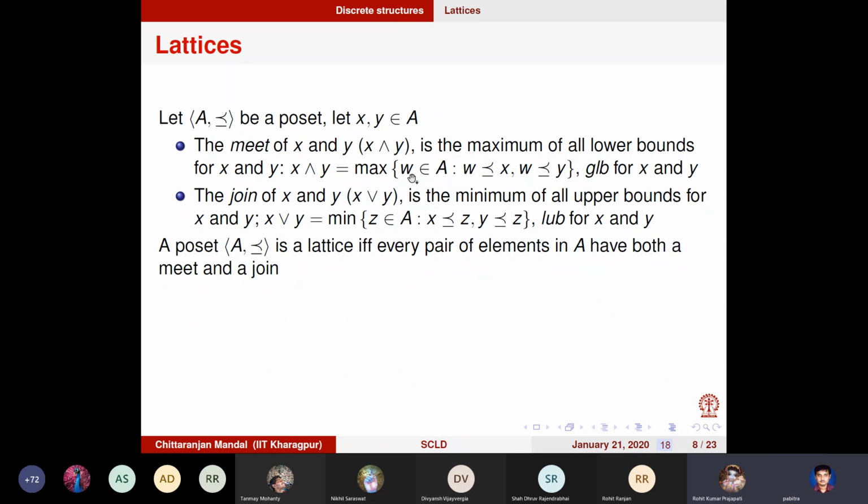So this set of all w such that w less than equal to x, w less than equal to y are called the lower bounds of x and y.